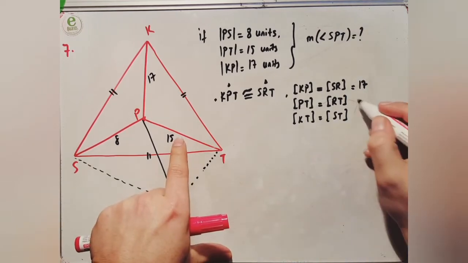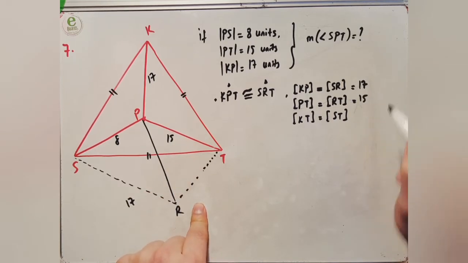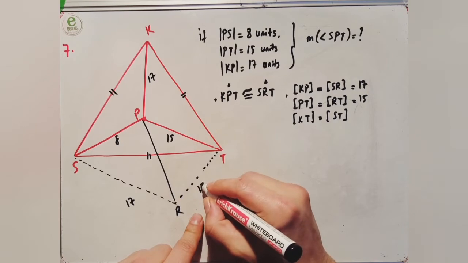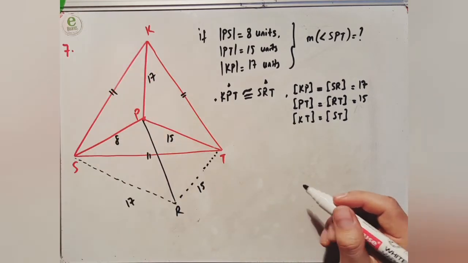PT is 15, so RT is 15 units as well. And KT is not given, so we don't need to find it.